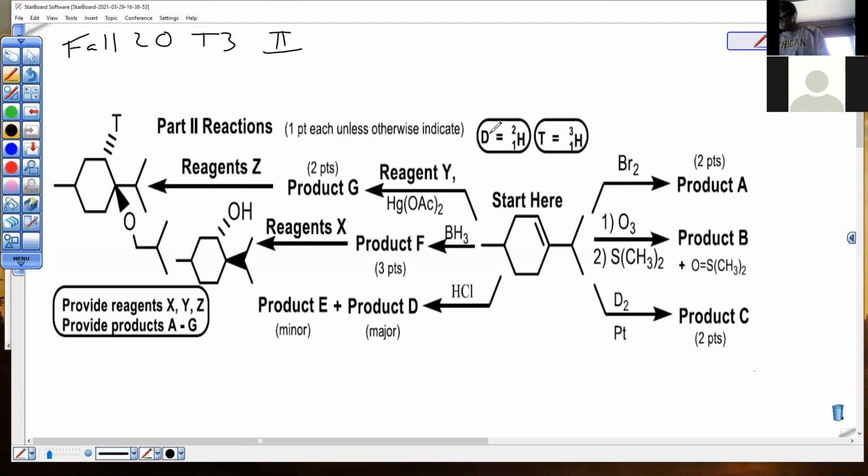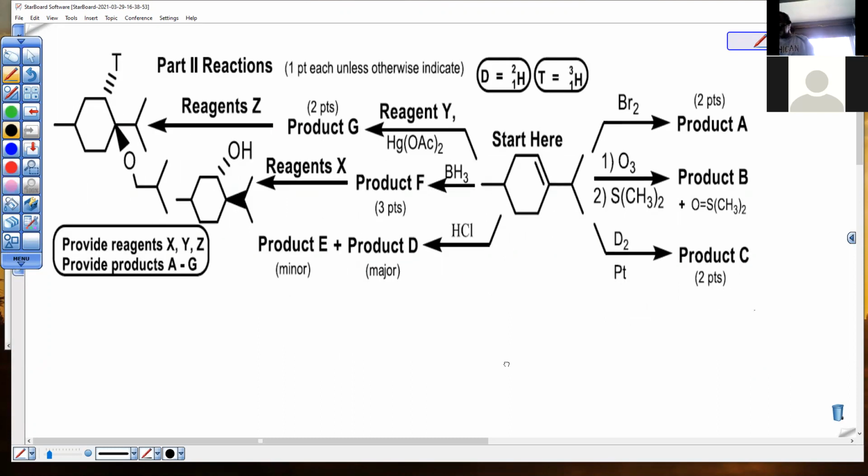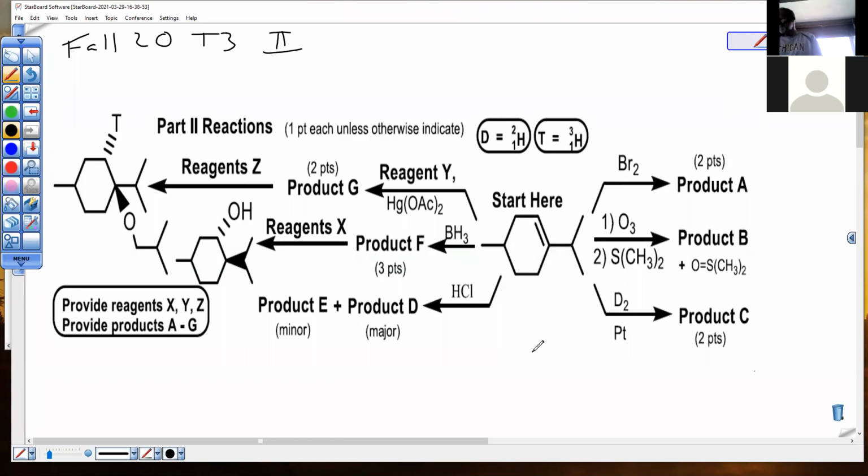On our test, we have to know that deuterium is just a hydrogen atom that has the same chemistry, just weighs one more atomic mass unit. Tritium has one more neutron in its nucleus than deuterium, and it weighs 3. We need these isotopes for studying reaction mechanisms, so we can differentiate new hydrogens from old hydrogens.